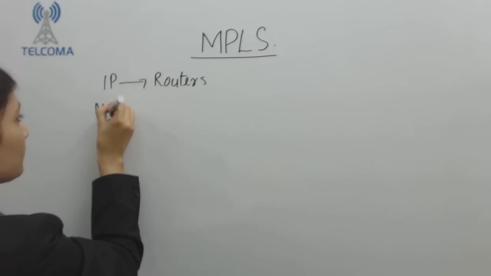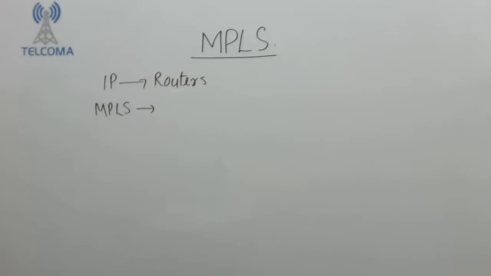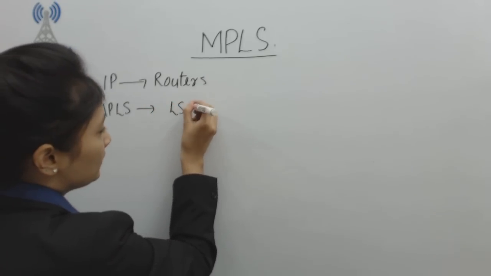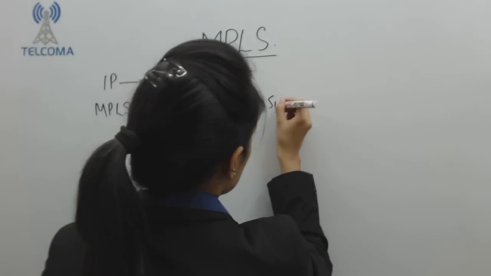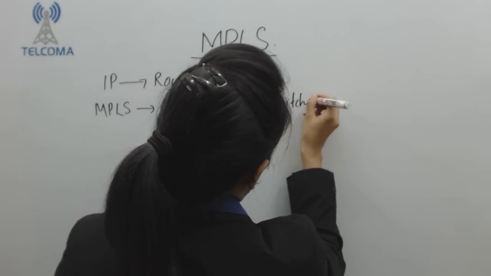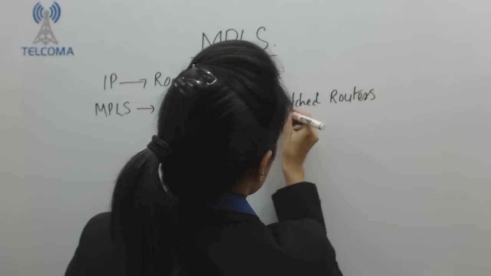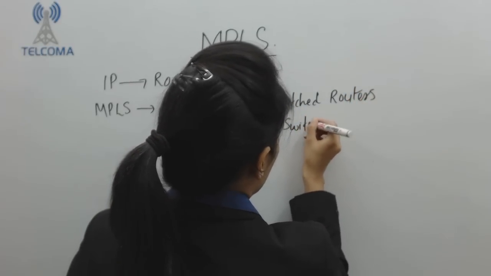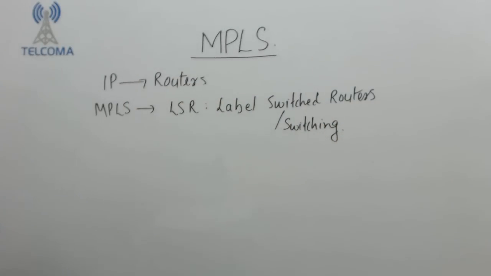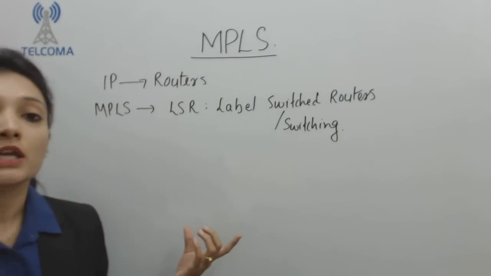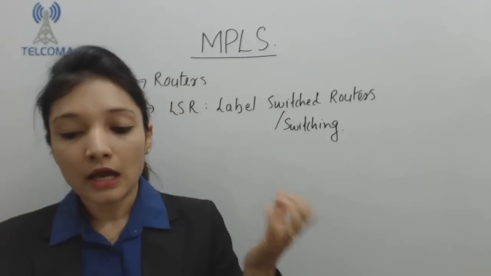Now, your MPLS systems have LSRs, label switched routers or label switching routers, because they perform the switching. So these are referred to as label switch routers.